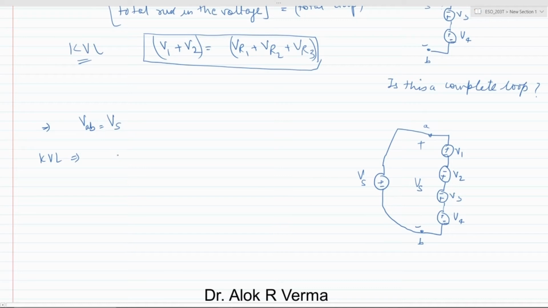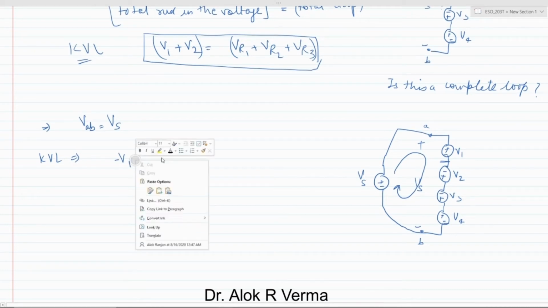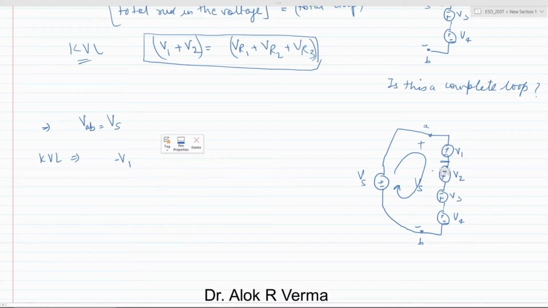If we apply KVL, suppose we start from A. V1 is a drop, positive to negative, assuming the current direction, so it is negative V1. Then V2 is a rise because it is going from negative to positive, so plus V2.